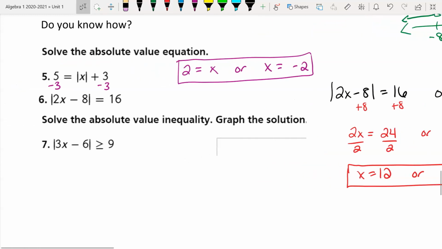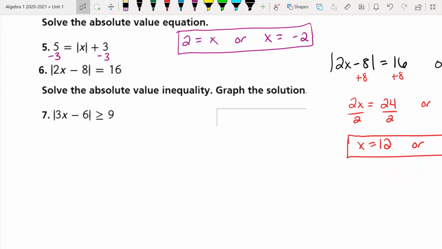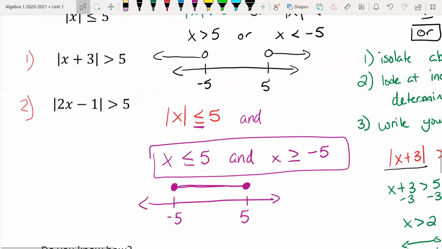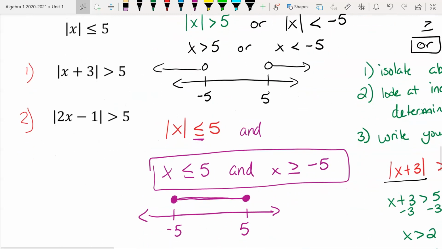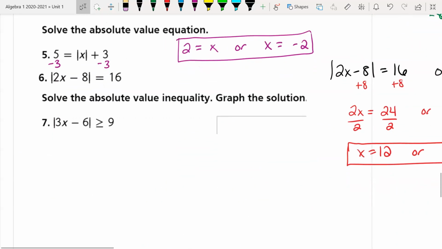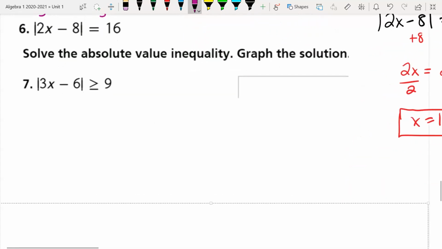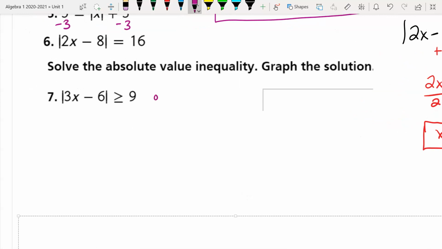So hopefully you did really well on 5 and 6. Now number 7 is a little bit harder. We have to think about our rules. Isolate the absolute value. Well, it looks like it's by itself on one side of the inequality. And I'm going to look at the inequality sign. So in this one, greater than or equal to means it's an or statement. So then I'm going to write my 2 equations.